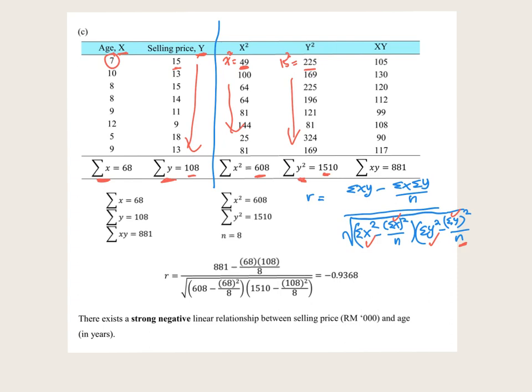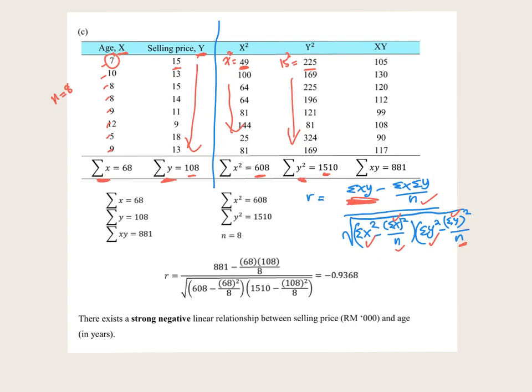Now n is actually the number of paired observations. You just need to count how many pairs you have here: 1, 2, 3, 4, 5, 6, 7, 8. So n equals 8. Then you need the summation of xy.